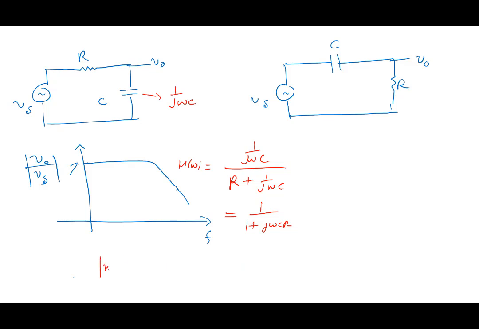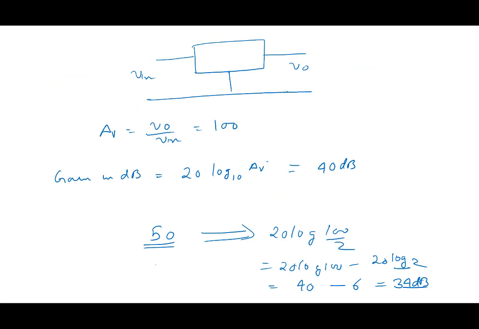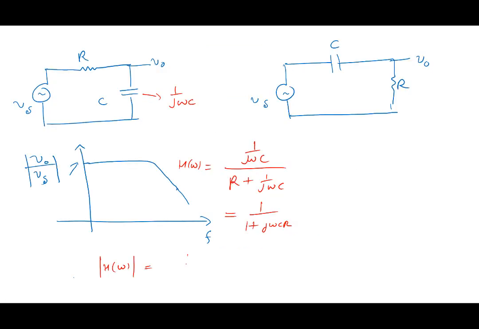If we take the magnitude of H omega, we get 1 over square root of 1 plus omega square C square R square, right? At very low frequencies, the gain is practically equal to 1, so this is equal to 0 dB.